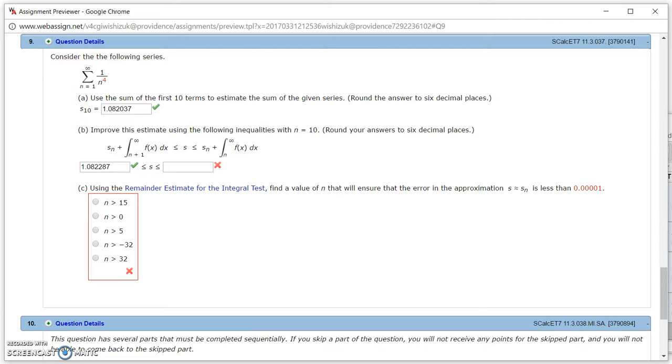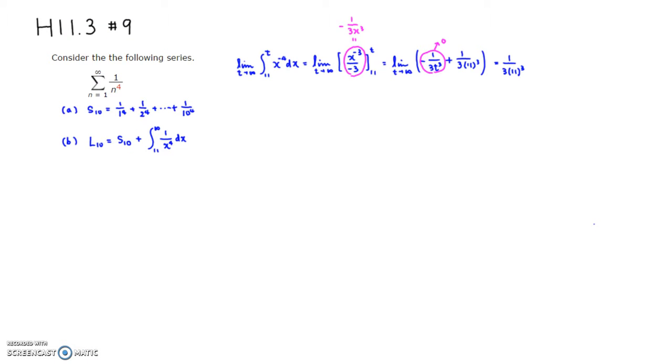Let's find the upper bound. I'm going to call it U10, which is going to be S10 plus the integral from 10 to infinity of 1 over x to the 4th dx.